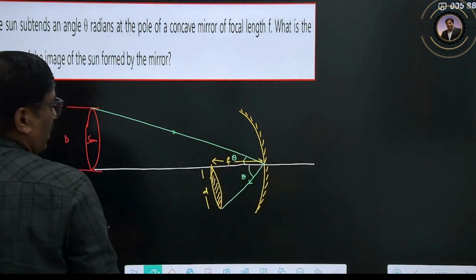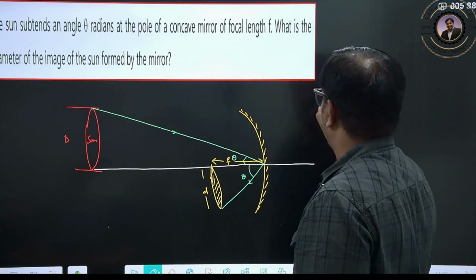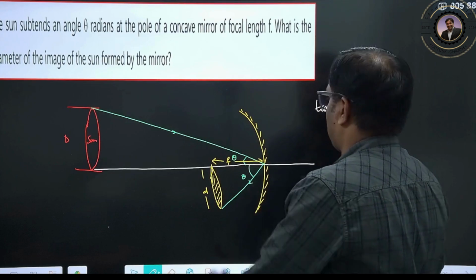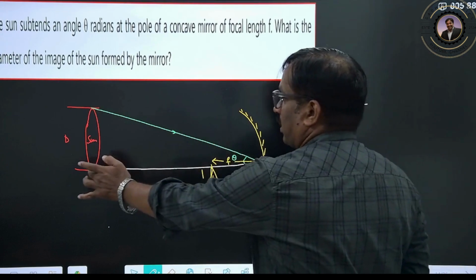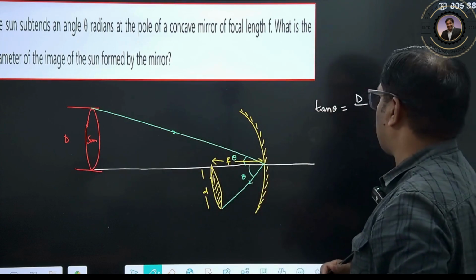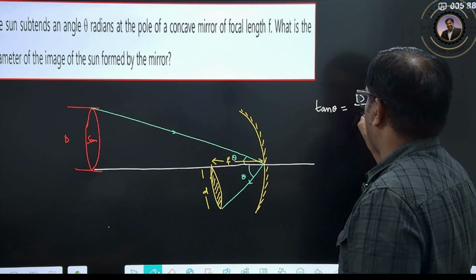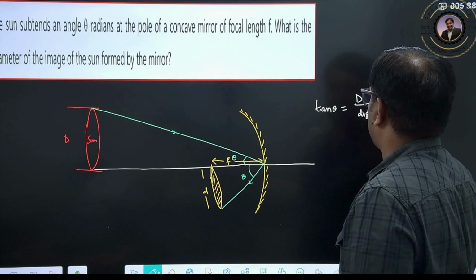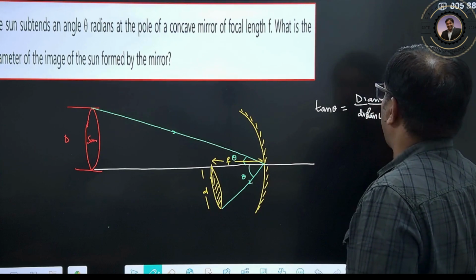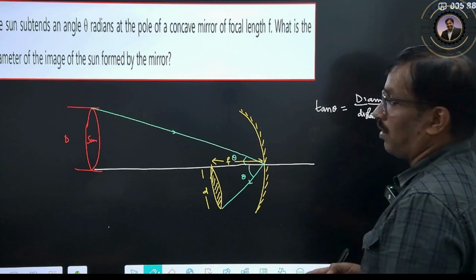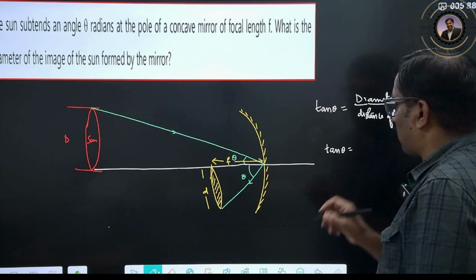Here tan theta is nothing but the diameter of the sun divided by the distance between the sun and earth, nearly 1 astronomical unit, or we will take it as the distance of the sun. This is the diameter of the sun, real.